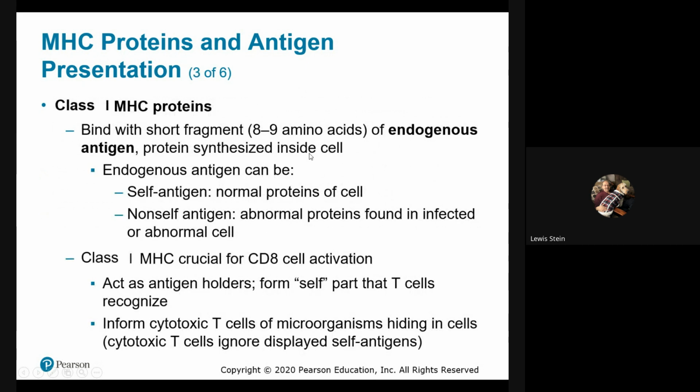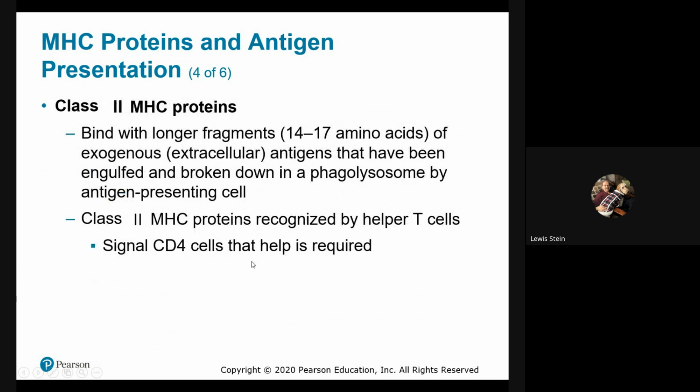Class 1, and they go into what it binds to, whether it's self or non-self. So class 1 MHC is the critical one. Remember, class 1 is for CD8, class 2 for CD4. Class 2, different size fragments, CD4 and helper T cells.